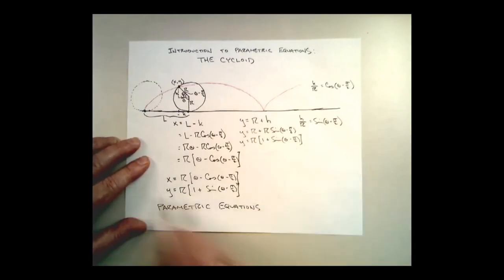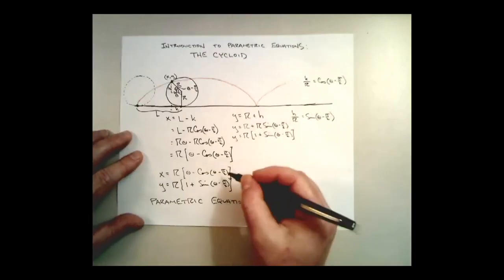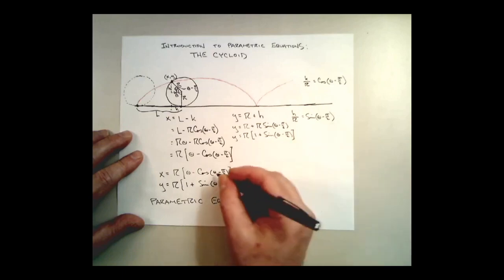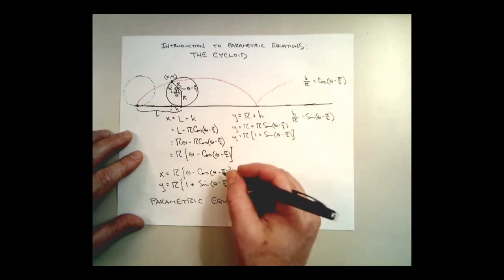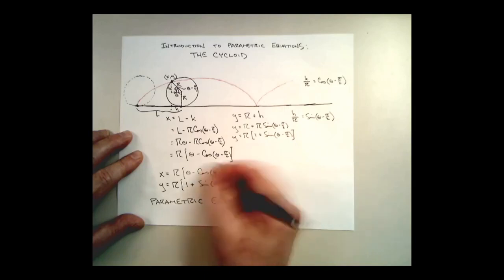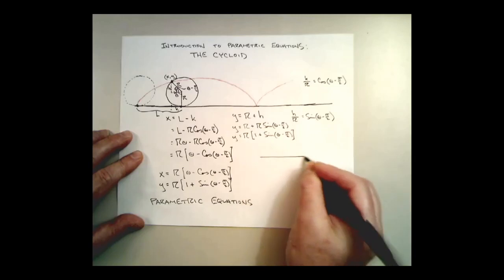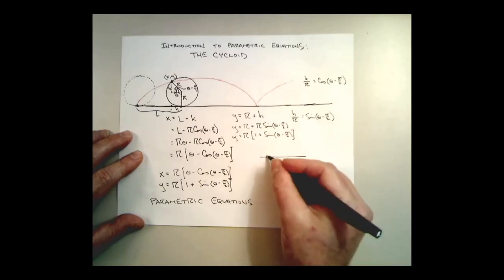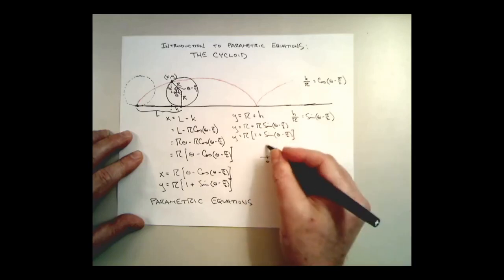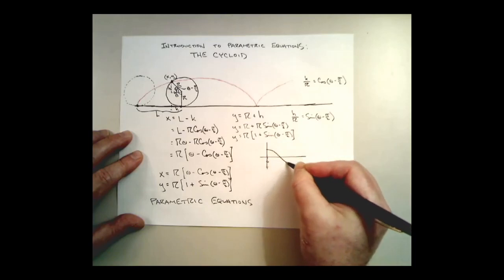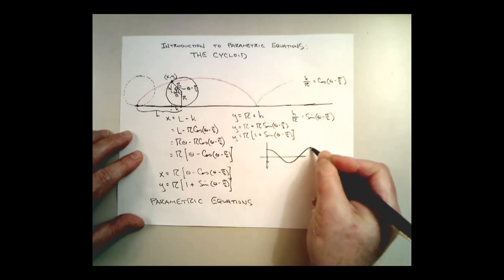Now, there's actually a slightly simpler way of writing these down, and all we want to do is simply note that theta minus pi over 2 shifts the cosine function a bit. So if I drew the graph of cosine, call that 0, call this 1, -1. So cosine looks a lot like this, right?